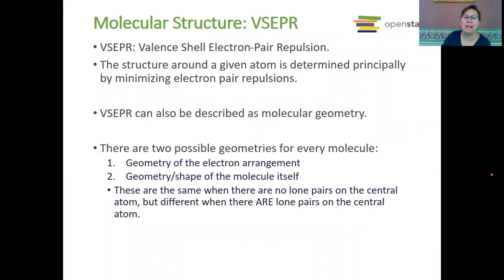All right, so now we have molecular structure, VSEPR, valence shell electron pair repulsion. And what that means is that in a molecule, all of these bonded atoms, or lone pairs, like these paddles are lone pairs, they're all pushing away from each other to repel each other.